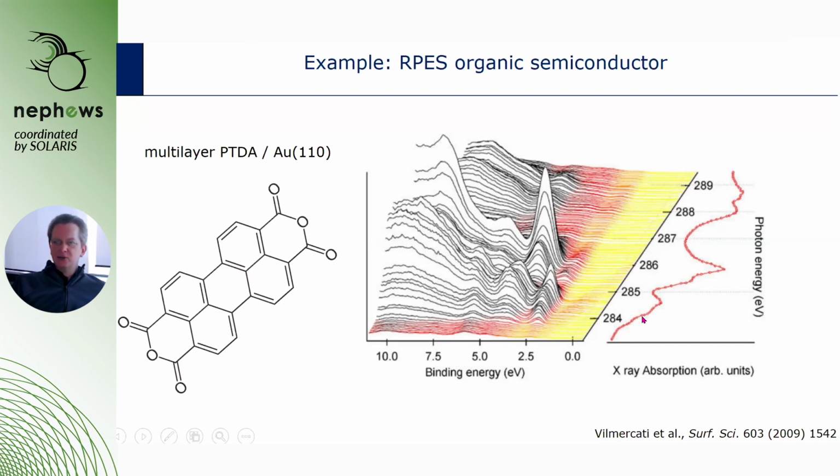And we see, as we tune through the absorption details of that particular material, huge changes in the emission intensity from individual molecular orbitals that involve more or less carbon and that have a particular relation to the absorption details at the core level as well. So we can learn about the contribution of the individual carbon atoms to the individual molecular orbitals.